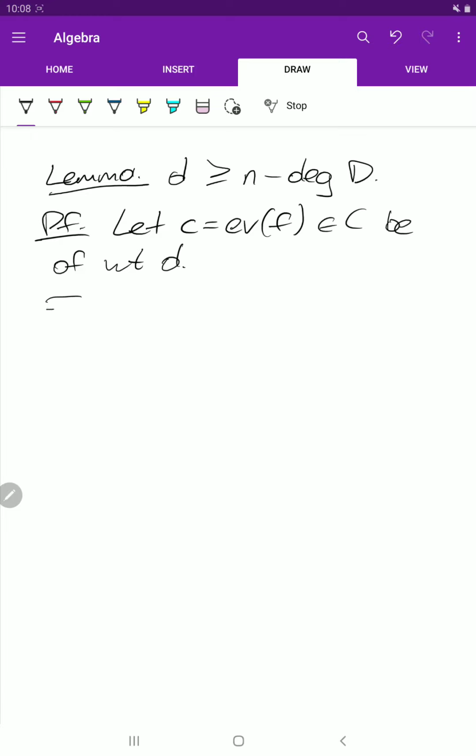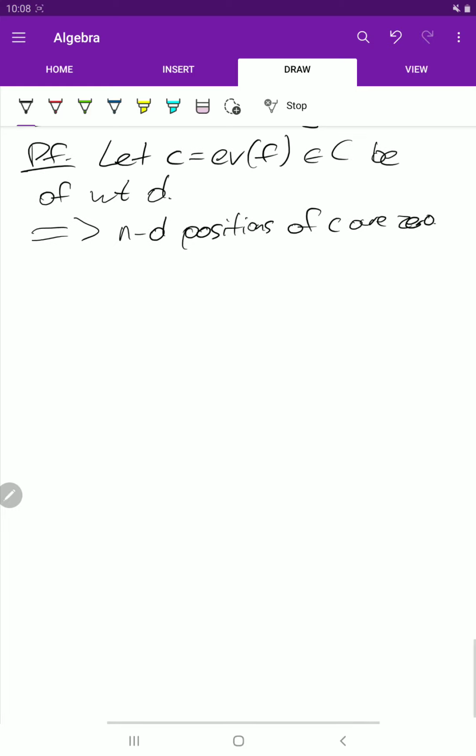And if it has weight d, well, we know that n minus d positions of c are 0. So at d positions it's non-zero, and at n minus d positions it is 0. So let's take these n minus d positions.